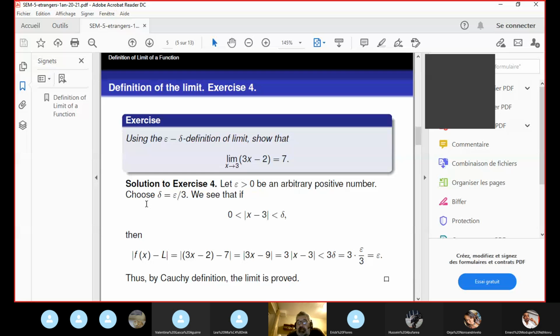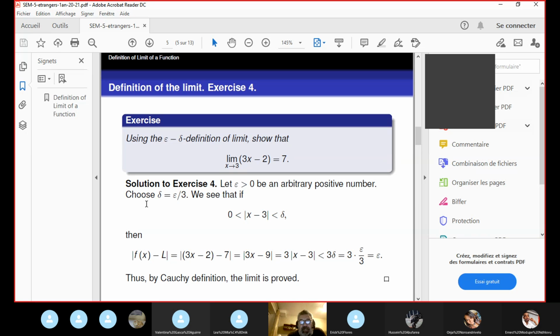It can be very, very small as you want. And for any of these epsilon, I can find my delta. The formula for this delta, our choice, is delta equals epsilon over 3, as we said in the beginning of this exercise. Is it clear? Yes, it's clear.